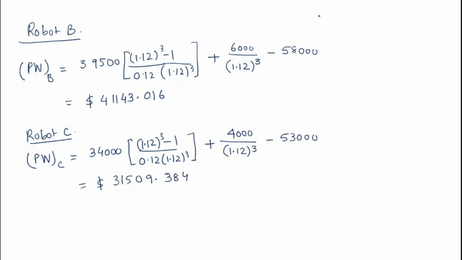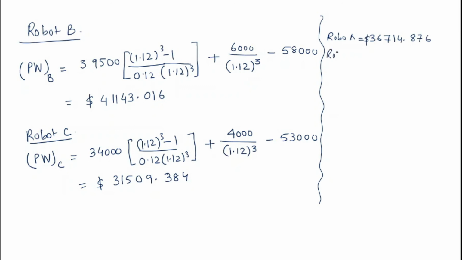Now if I compare all the three present worths, since all these are in the positive direction, they are the net earnings. For robo A, it is 36714.876 dollars.